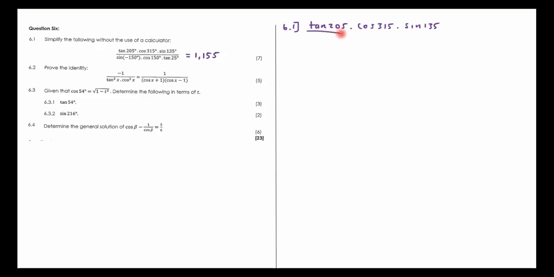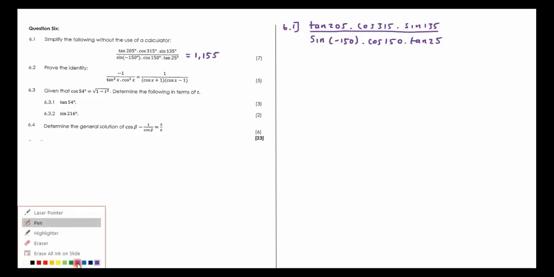If you have an angle that is above 360, you need to subtract 360 until it becomes an angle below 360. If you have an angle that is negative, you need to add 360 until you're left with an angle that is positive but still less than 360.